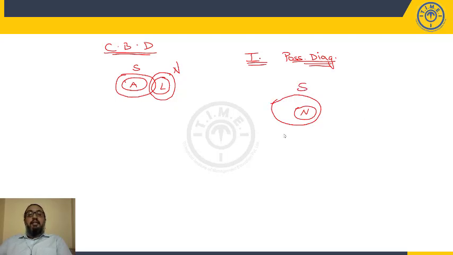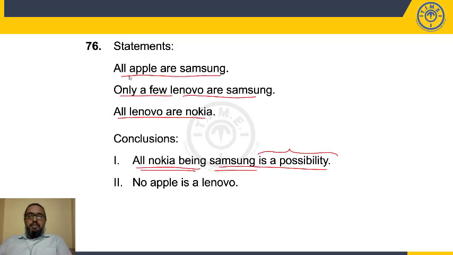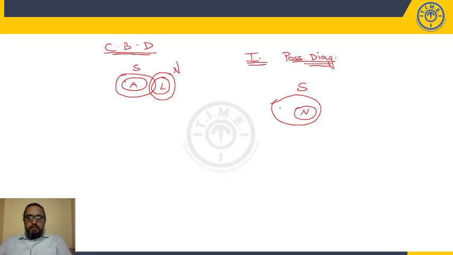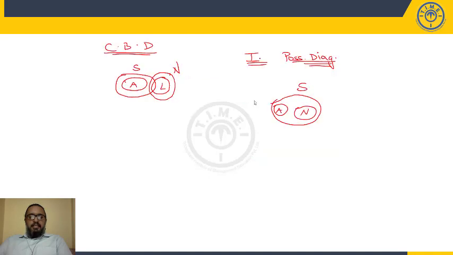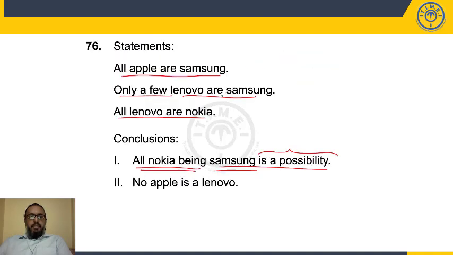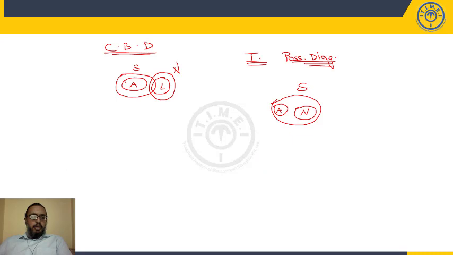He says this is a possibility. Let us see. Now we redraw the statements. First one is all Apple are Samsung. Then only a few Lenovo are Samsung, we'll come back to that. All Lenovo are Nokia, so all the Lenovo must be Nokia. This is the Nokia circle, so I'll have to draw the Lenovo inside the Nokia.